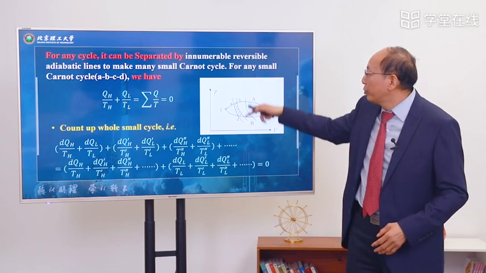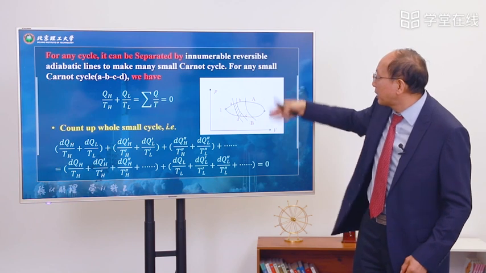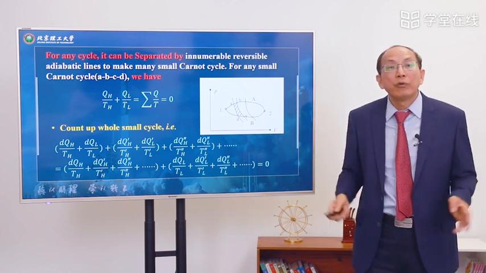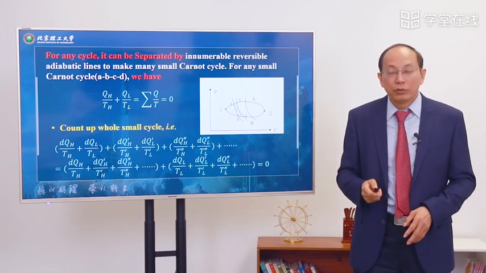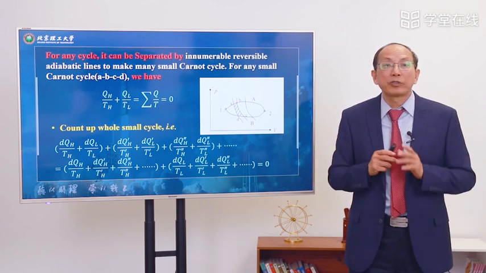We use the adiabatic lines to cut this reversible cycle. We can obtain many small Carnot cycles.